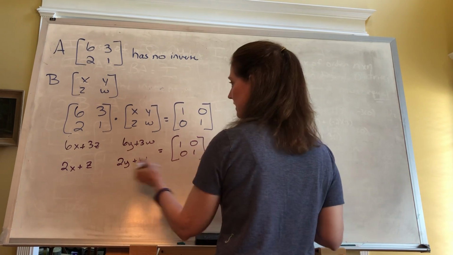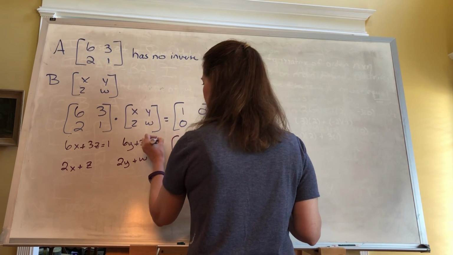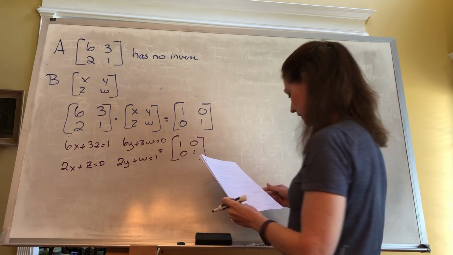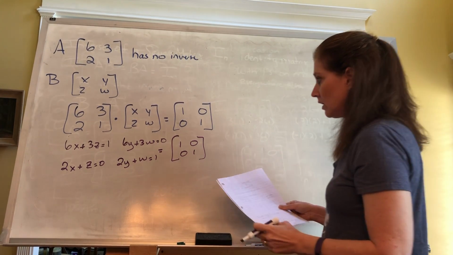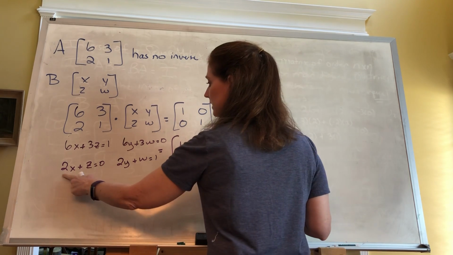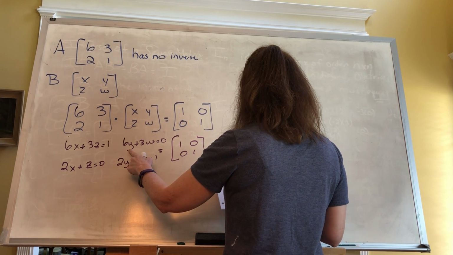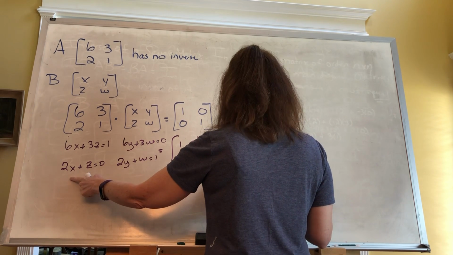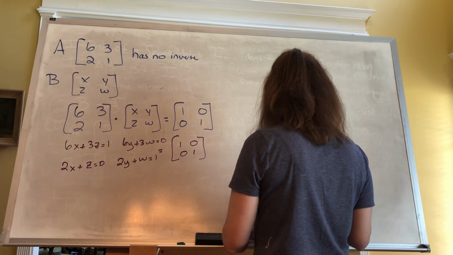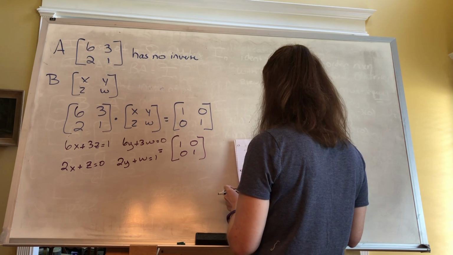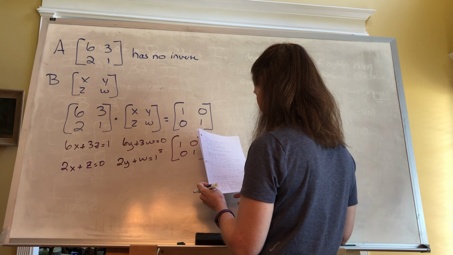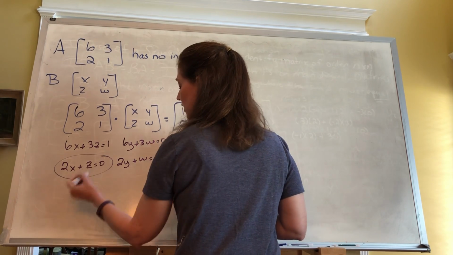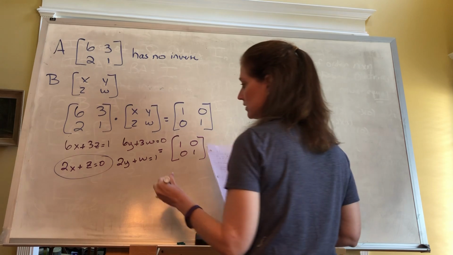And in saying that, it should look like that. Looking at this one and this one here, I'm just going to go here. So 2x plus z equals 0.